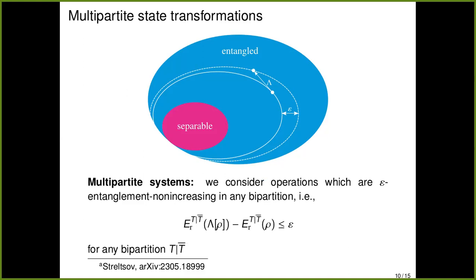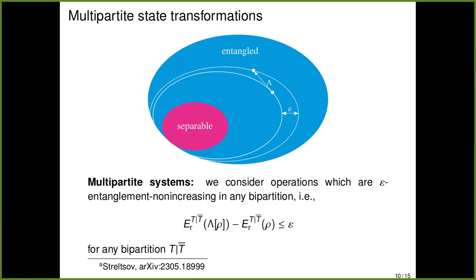Good. And now, I promised you some results about multipartite systems, but so far I essentially talked only about the bipartite setting. So I now define multipartite asymptotically entanglement non-increasing operations as those which do not increase the entanglement, or have a controlled increase of entanglement, in all bipartitions. Let's say you have a multipartite system and you take any split, T versus T bar, any bipartition of your system.